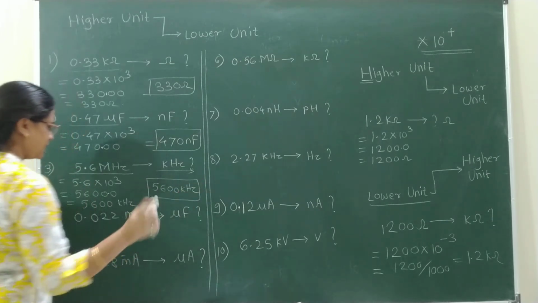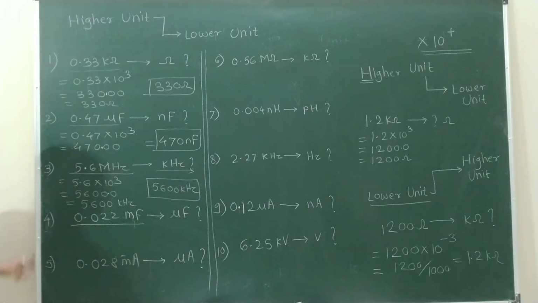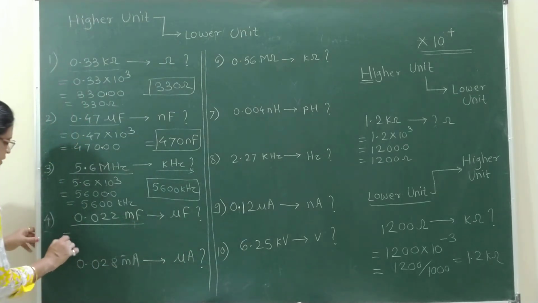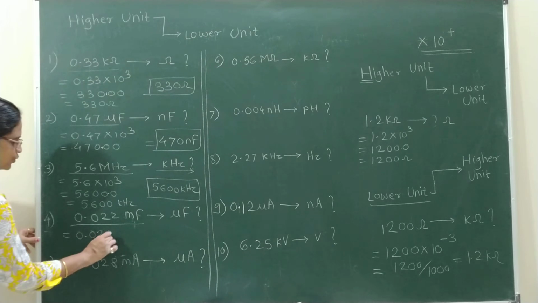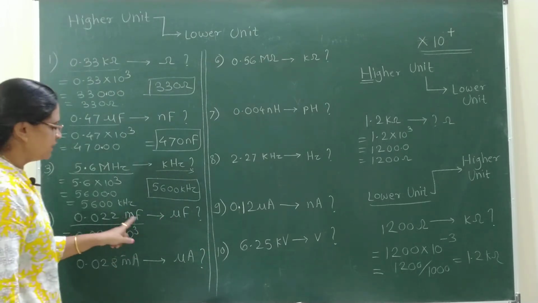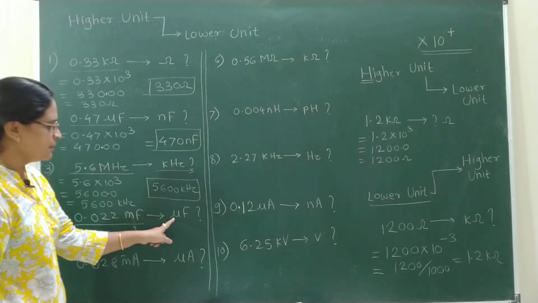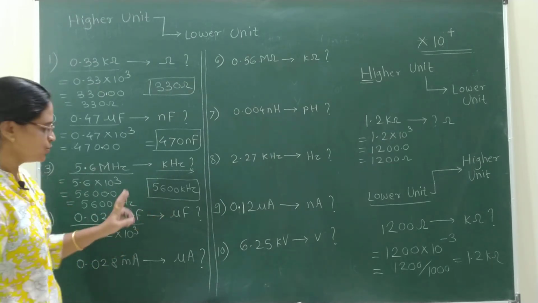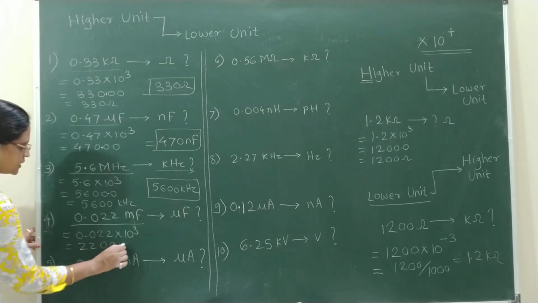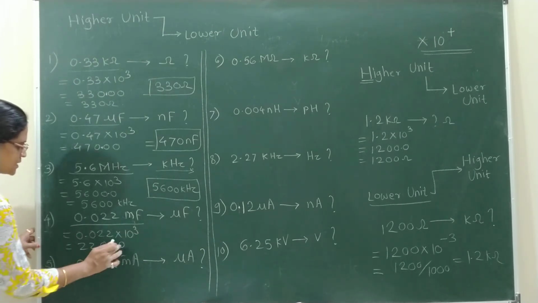Like this, we can convert given capacitance value from millifarad to microfarad. Here it is 0.022 into 10 raised to 3. Difference between milli and micro: millifarad is 10 raised to minus 3 and micro is 10 raised to minus 6. So difference of power 3. So that shows 22 and 3 zeros. So 3 decimal digits.